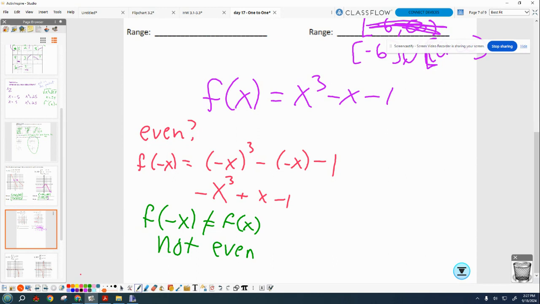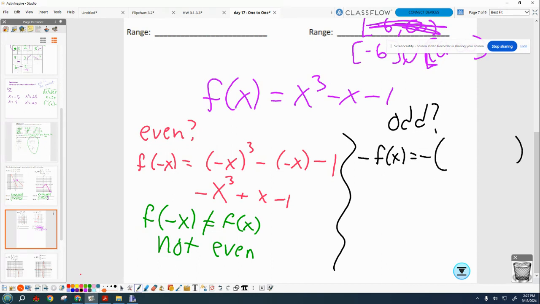Okay. Is it odd? I need to check another thing. What's the other thing I need to do? Negative f of x. So that means negative times my original function. So I am going to distribute that negative sign inside to everybody in there.